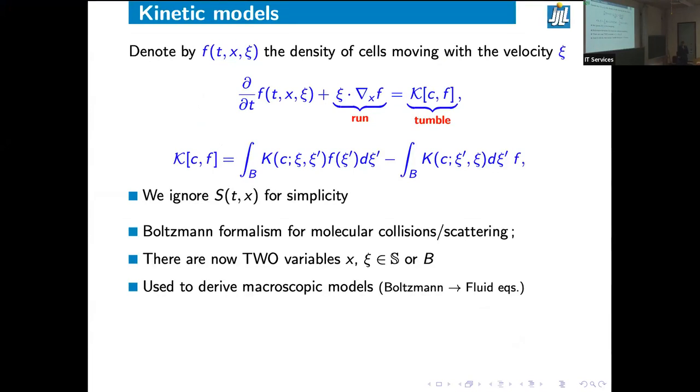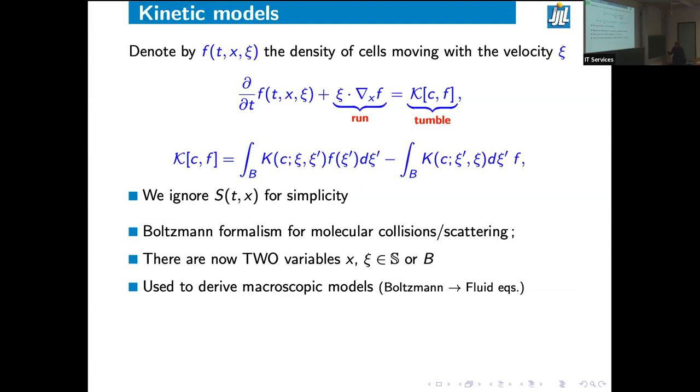So to explain that, in the 80s, a group of people around Alt, Dunbar, Othmer proposed a kinetic equation, because you have a run and tumble. So cells have a velocity which is called psi.